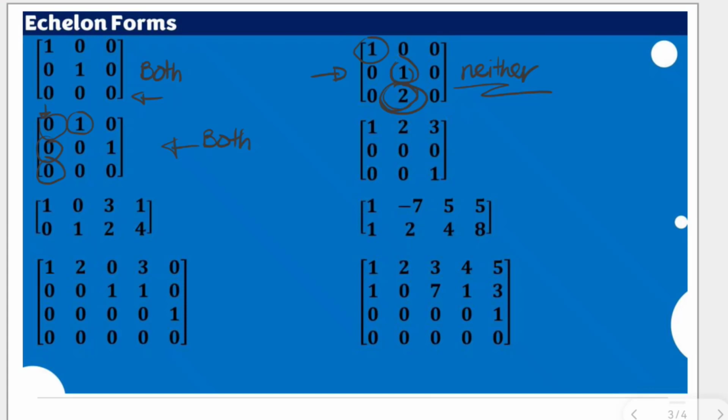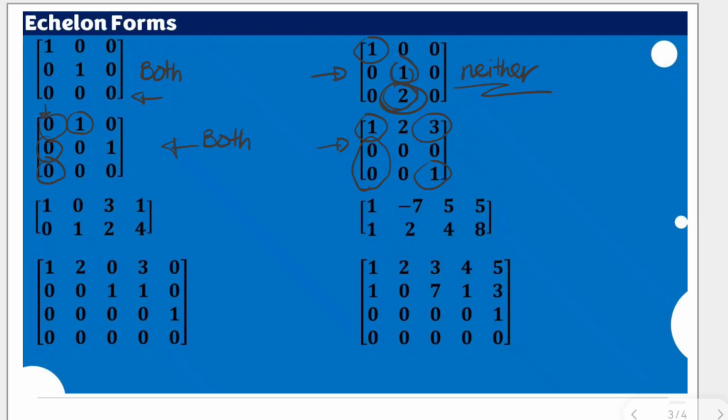Now let's consider this next 3x3 matrix here. We have a leading 1 and all the entries below it are 0. We also have a leading 1 here, and we might notice that one entry above it is non-zero. So this could not be reduced row echelon form. Let's look into whether this is row echelon form.